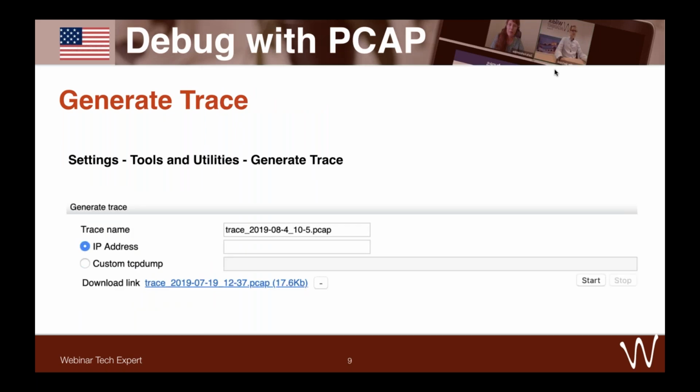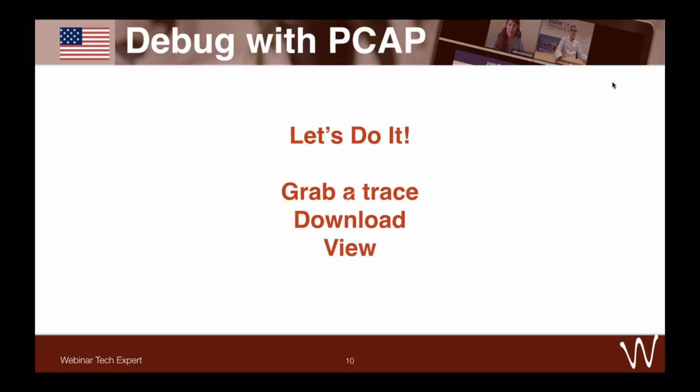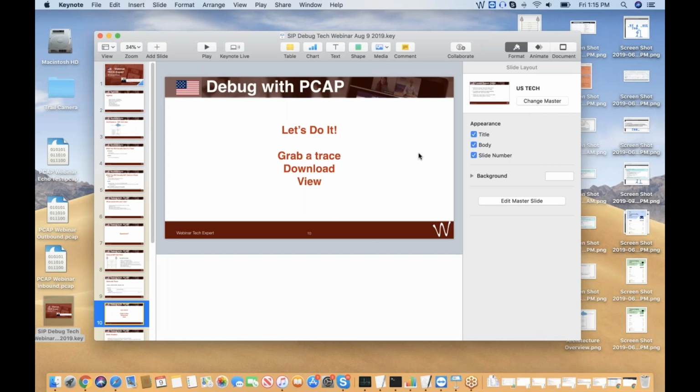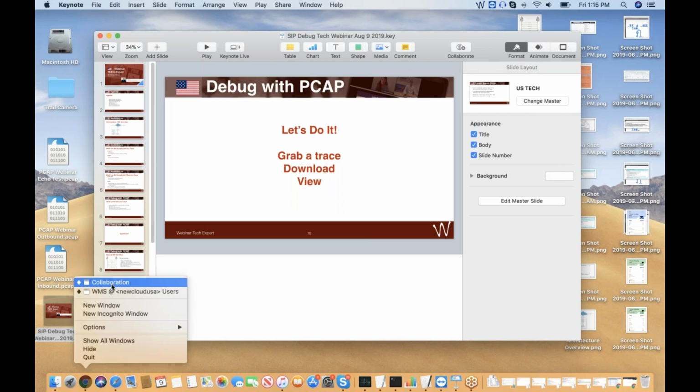So in our WMS, there is a way to generate a trace. I would imagine that most everybody has seen this. You can come here, just start it, go ahead and download the trace file, and ultimately have that for inspection. So let's just go ahead and do that once, just so we can get a feel for what it looks like.